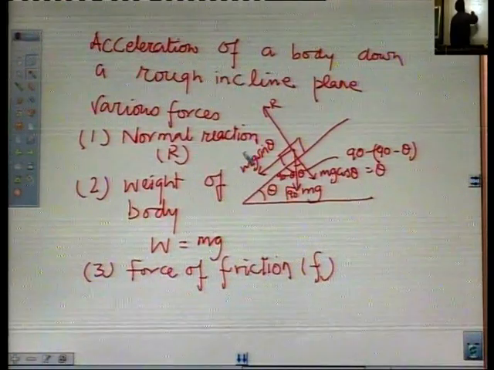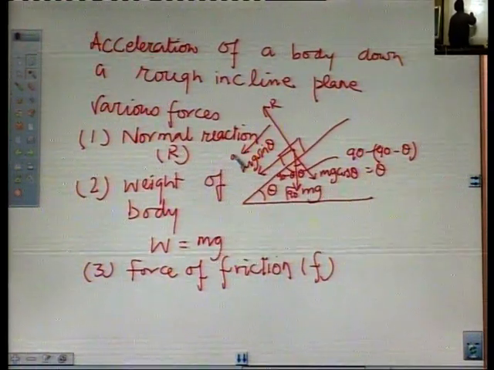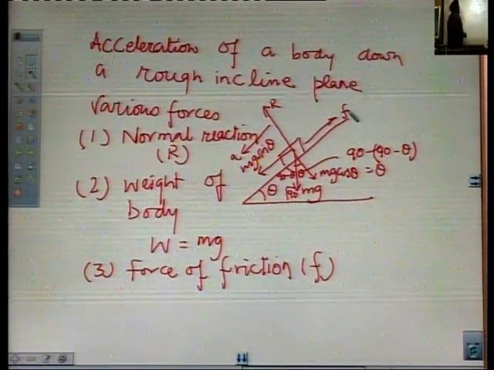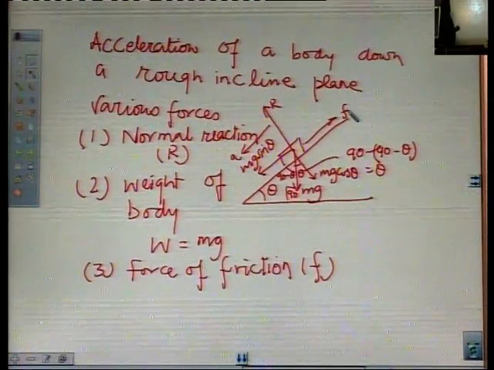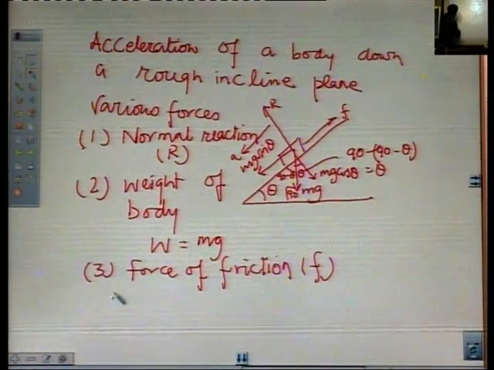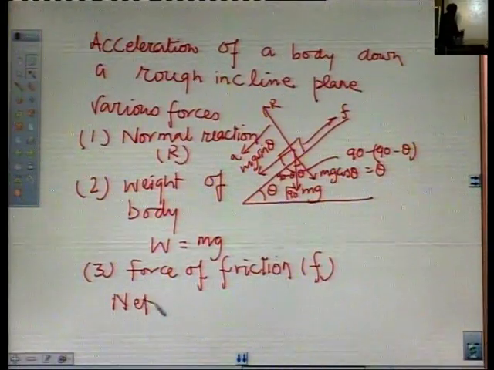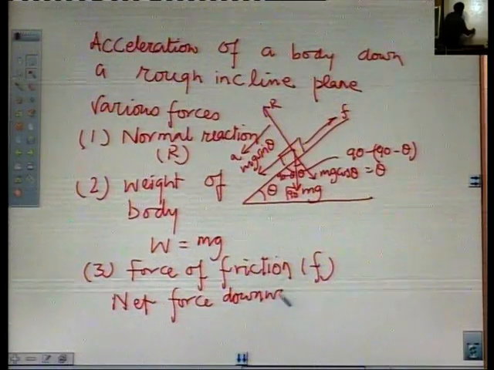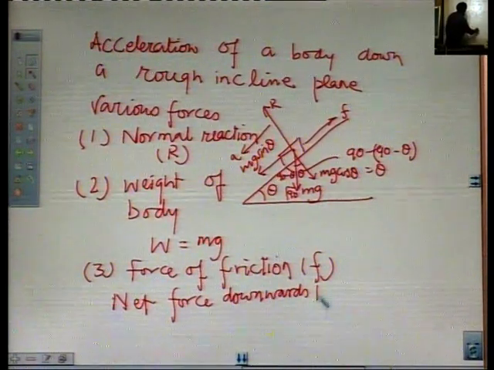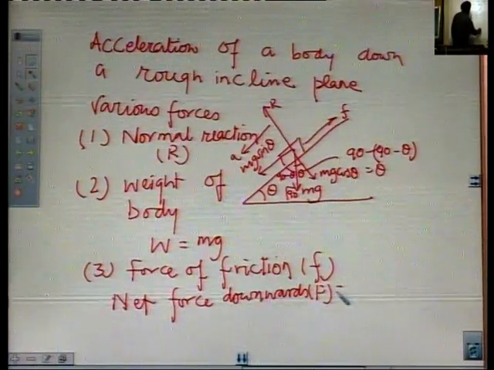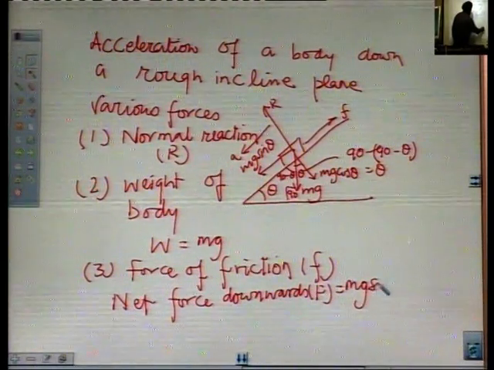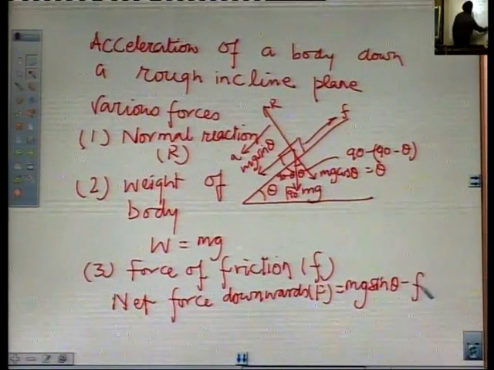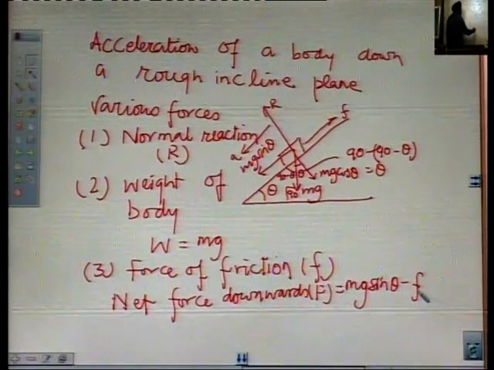If the body is accelerating downwards, force of friction is always in opposition to the motion of the body. So, net force downwards is equal to mg sin theta minus the force of friction.